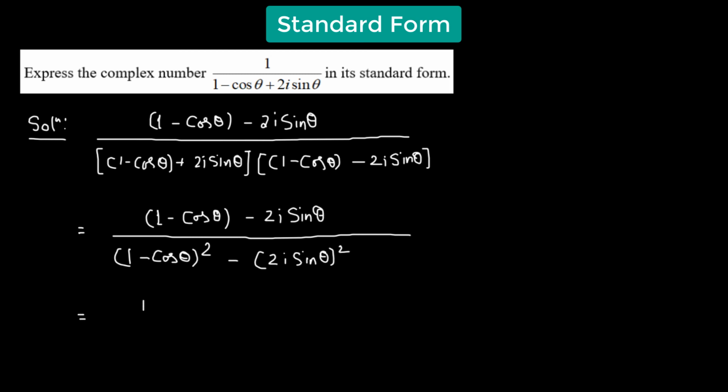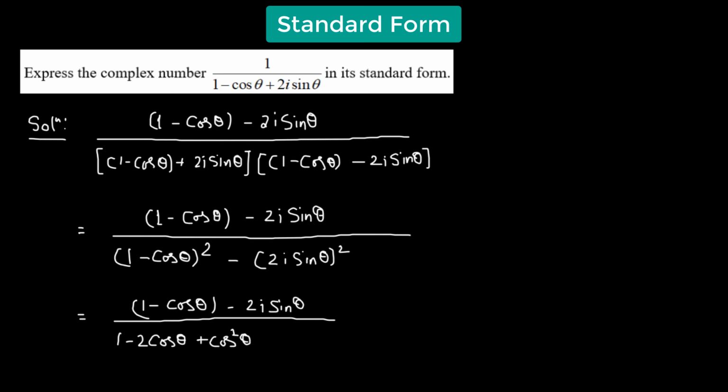Now 1 minus cosine theta minus 2i sin theta will remain unchanged in the numerator. Then we expand it. So 1 minus cosine theta whole squared will be 1 minus 2 times cosine theta plus cos squared theta. So we have applied the identity a minus b whole squared, minus 4i squared sine squared theta.